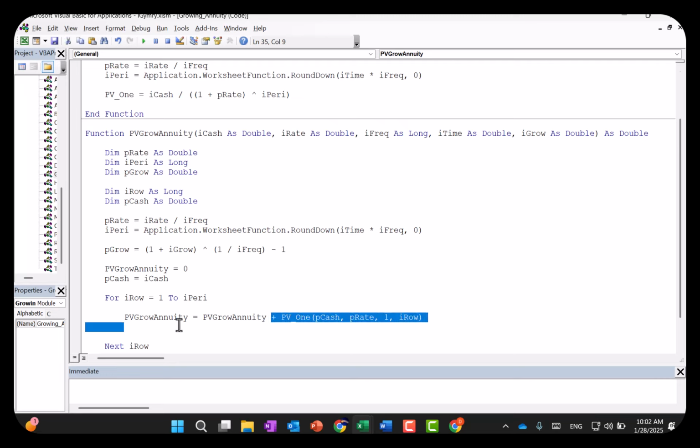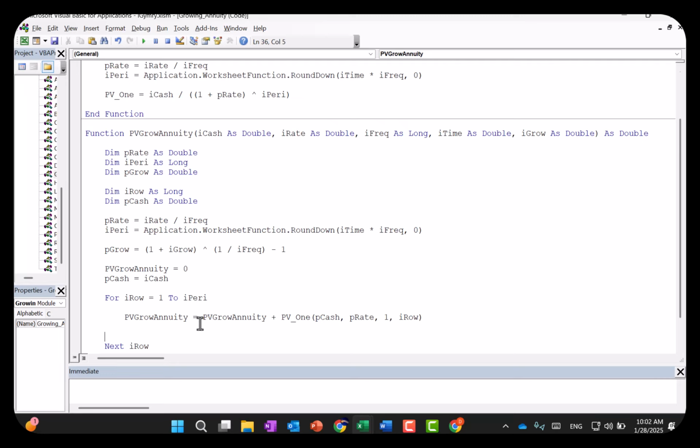And this equality, you don't think of that as an equation. If you think of that as an equation, the only solution for that is PV grow annuity to be 0. That equals is an assignment operator. It basically says go find the current value of PV grow annuity.